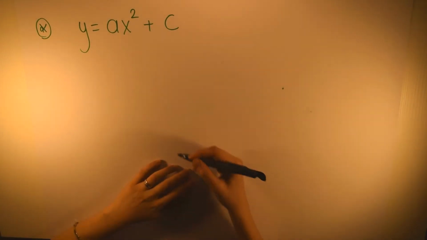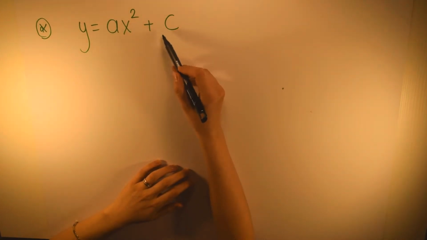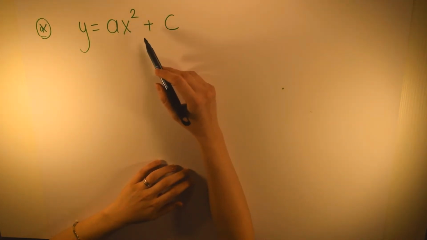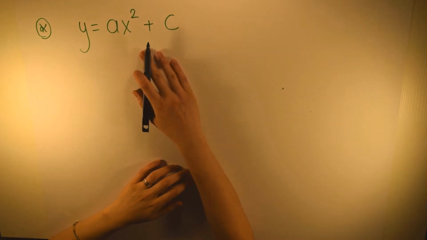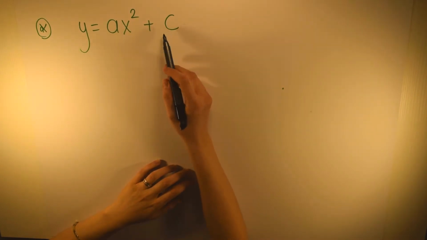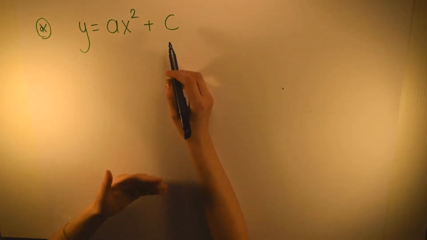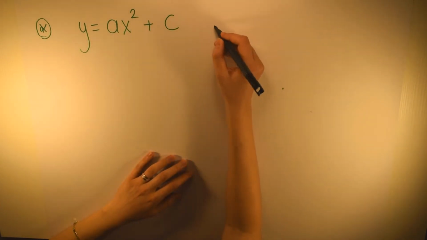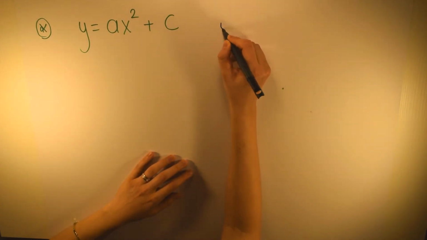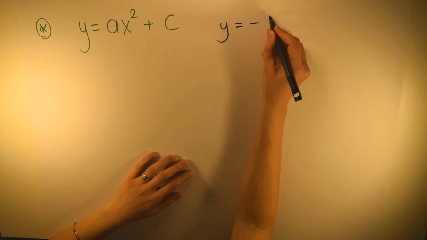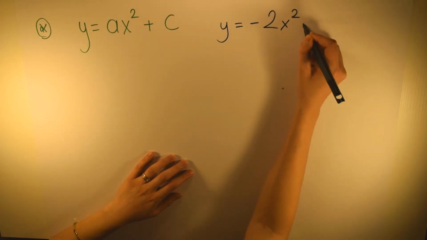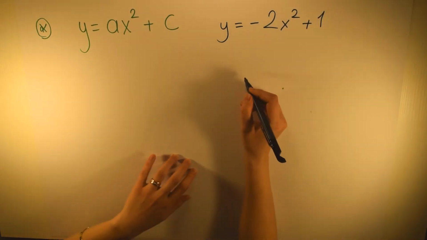Okay, let's see when you have an extra constant term here and you still don't have the term with x. So here we have plus c, right? It's actually the same. We will apply the same thing. Let's try one example. Let's say y is equal to minus 2x squared plus 1. Okay, so let's do that.